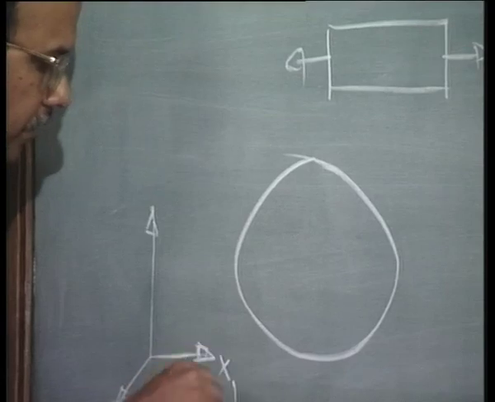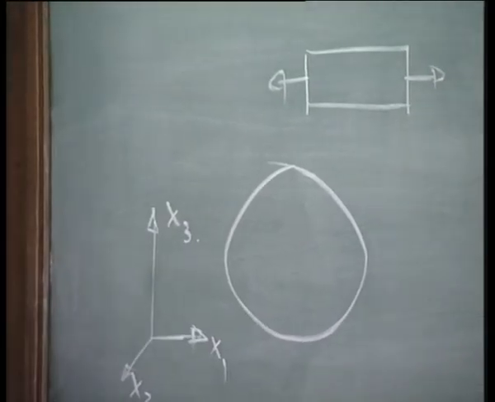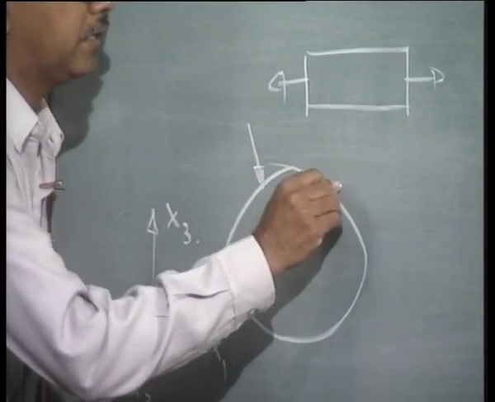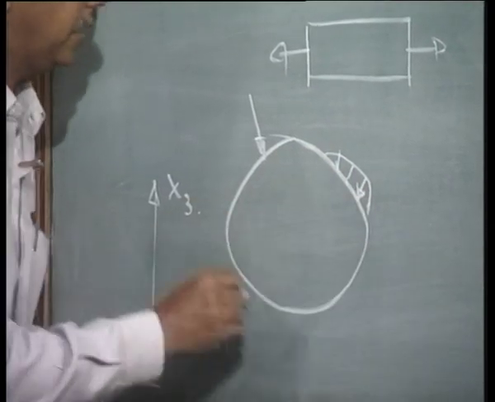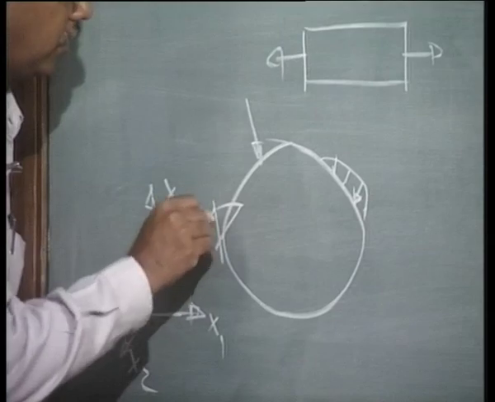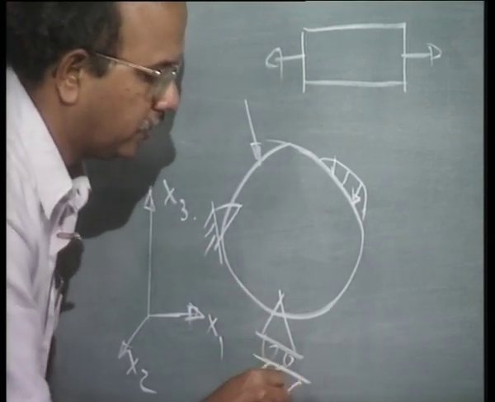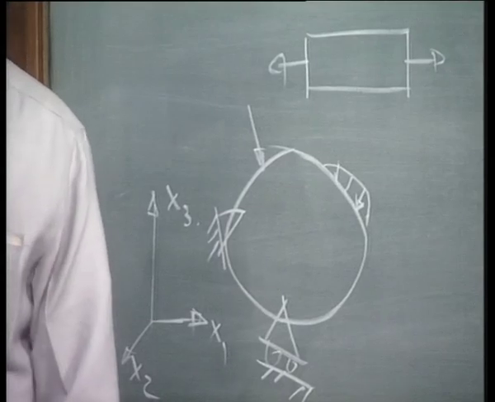Let us call these x1, x2 and x3, and let us say that there are forces acting on this body, and that there are some boundary conditions. Remember, we had already talked about the importance of the boundary conditions in one of our earlier classes.